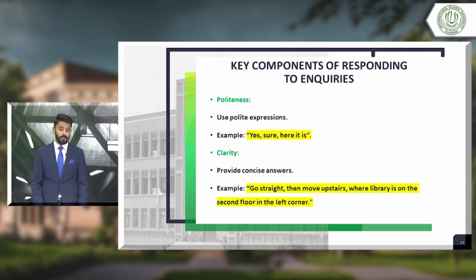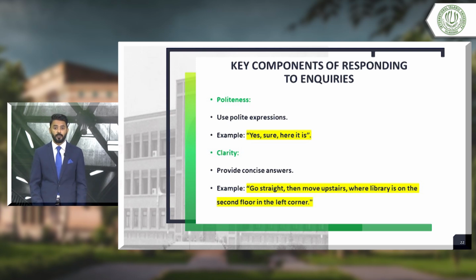Then clarity. When somebody asks where is the library, you can respond in two ways. The first way is you can say the library is upstairs or on the second floor. Now this answer is not clear, because even then he will have to ask some other people for the exact location of the library.